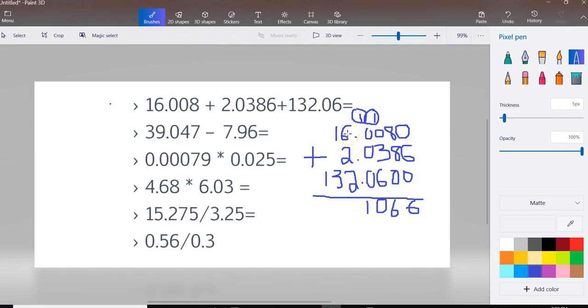And then we go to the next column. 6 plus 2 is 8, and 2 is 10. And then we carry again. That's 2 and 3 is 5. And finally 1. Now we go from here and we count spaces. This will give us 1501.066.